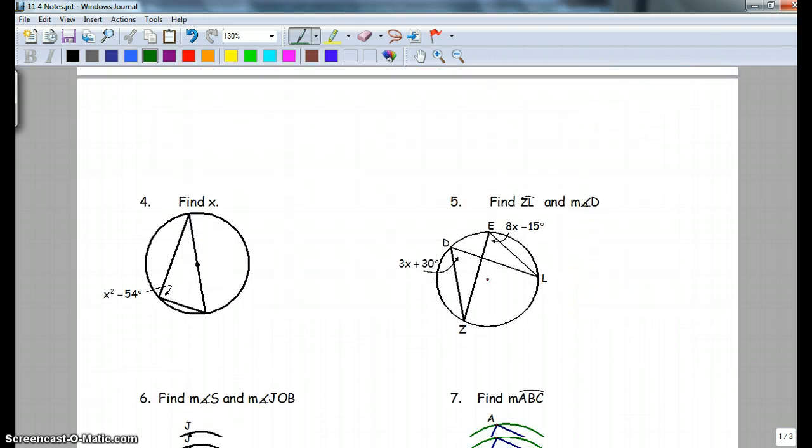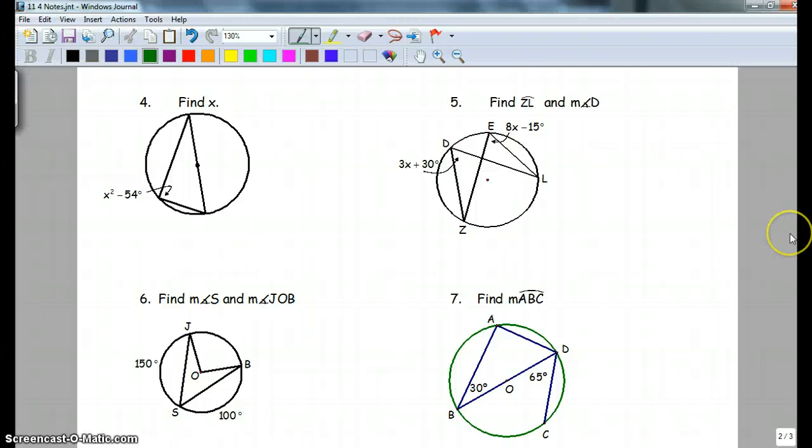All right, page 2. It's got a couple of examples here. Let's do this first one together really quick. X squared minus 54. That's an inscribed angle, and it intercepts. Now, since this goes through the center, this is a diameter. So x squared minus 54, the intercepted arc is a semicircle.